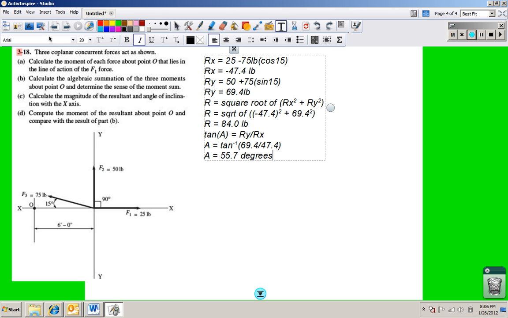Okay, so now I have my angle, I have my magnitude of my resultant and my angle. It's going to be somewhere over here.